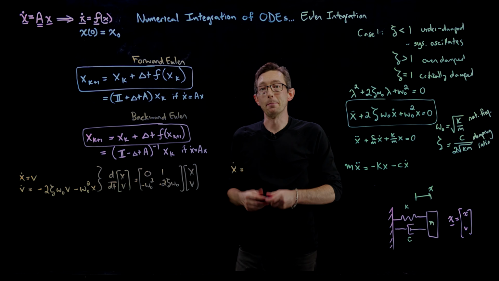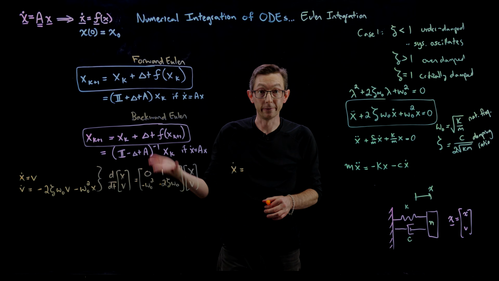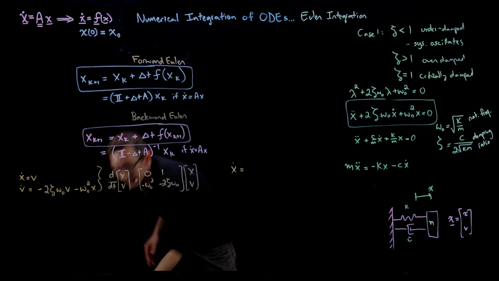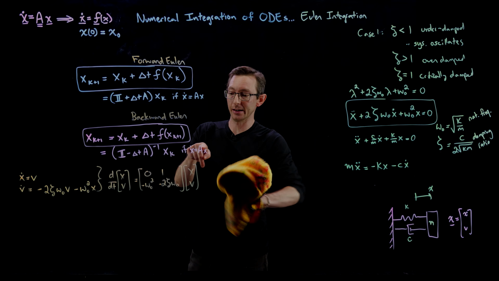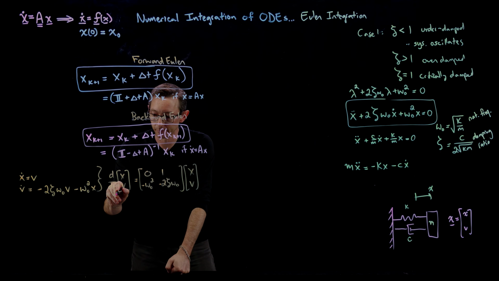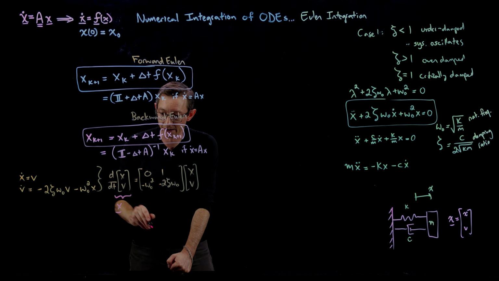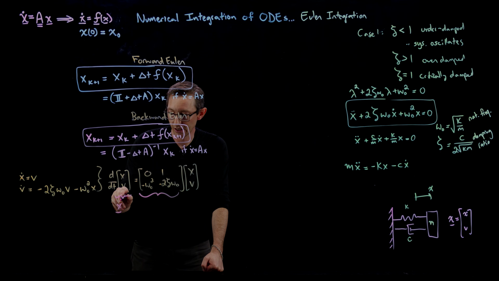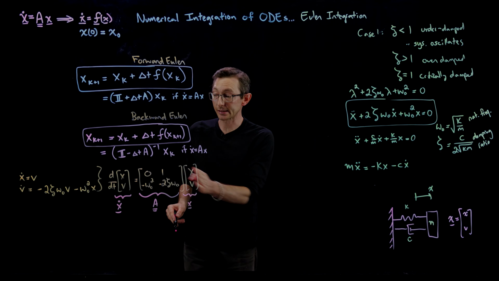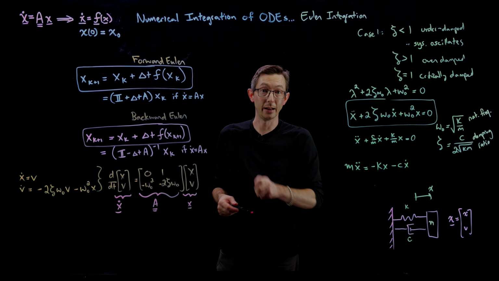So this is a matrix system of first order differential equations. And if you like, this looks exactly like x dot equals Ax for some vector x. So this is my vector x dot, this is my matrix A, and this is my vector x. This is the system we're going to be simulating in Python and in Matlab.